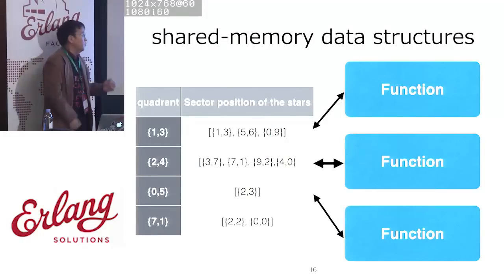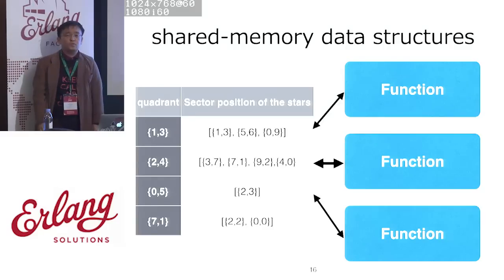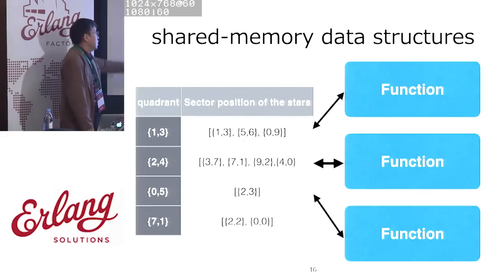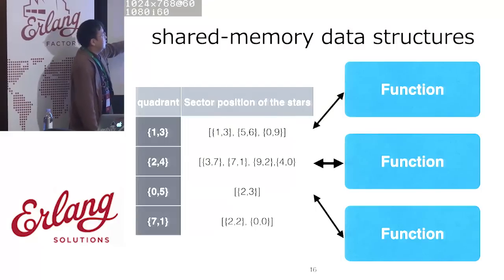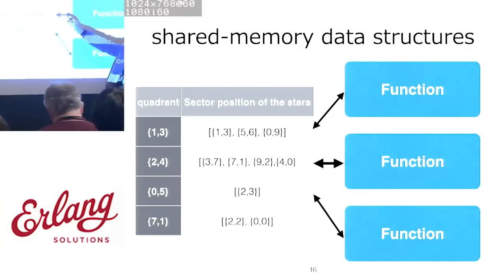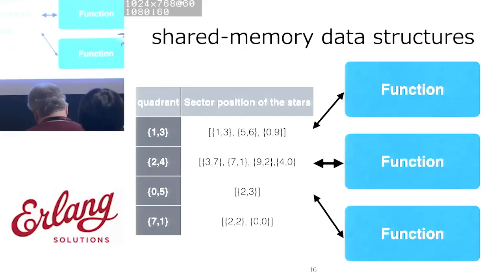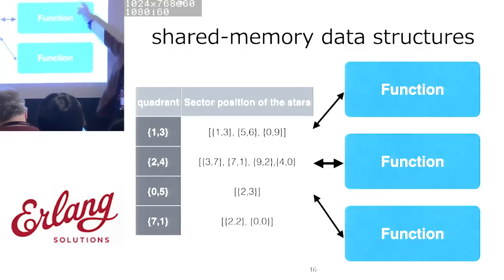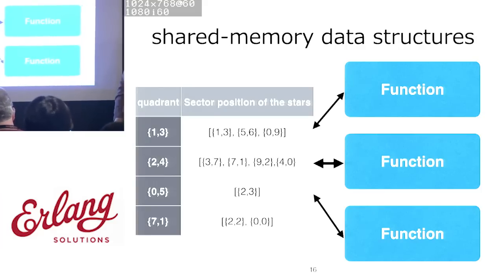So, okay, let me explain some fundamental differences between the shared memory data structure way of programming and the Erlang gen_server way of programming. On the shared memory, this is a typical dict structure. I put in a quadrant and sector position of stars. Lots of functions are trying to get access to this same memory in an arbitrary sequence. So if two functions are trying to write the same position at the same time, the result is not guaranteed at all.